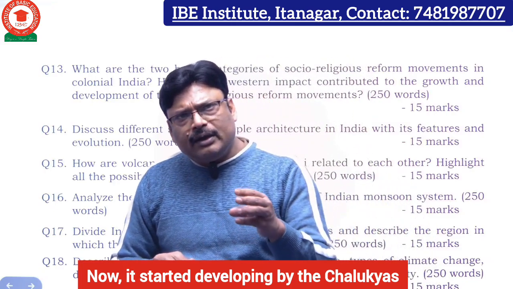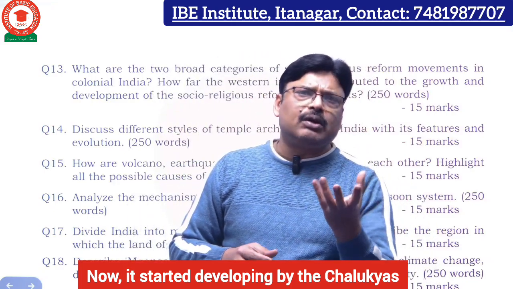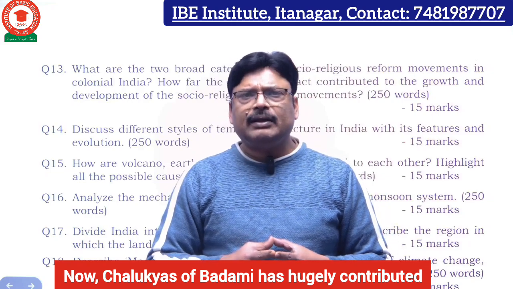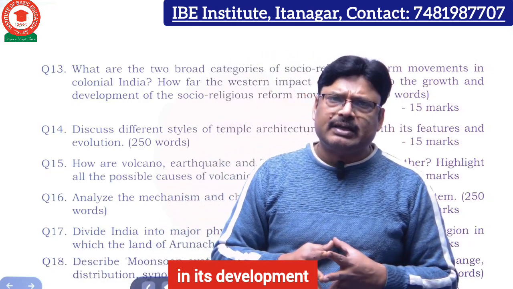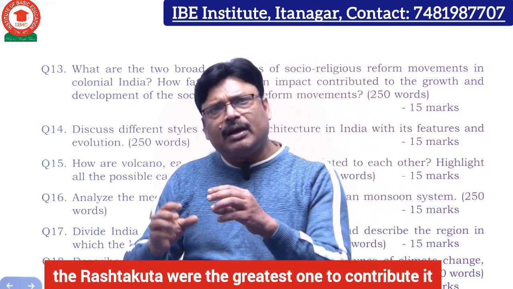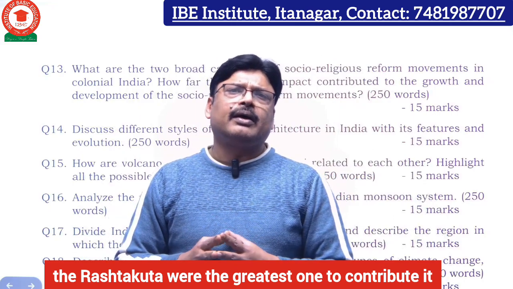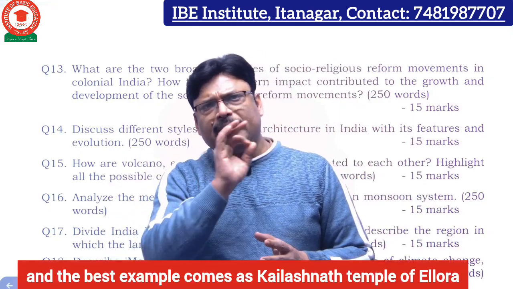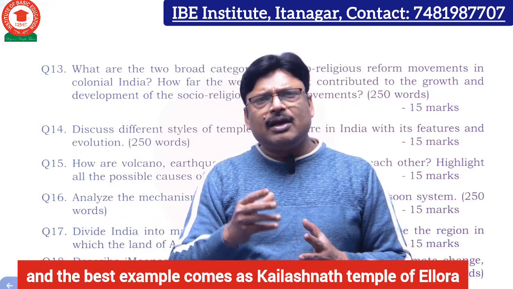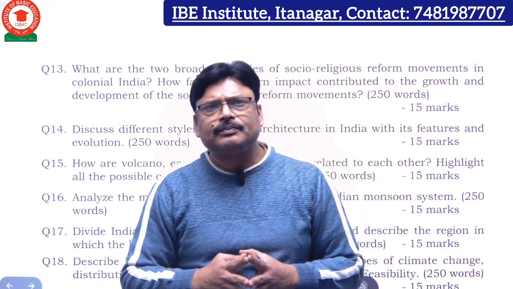It started developing under the Chalukyas. The Chalukyas of Badami hugely contributed to its development. After them, the Rashtrakutas were the greatest contributors, and the best example is the Kailashnath temple of Ellora.